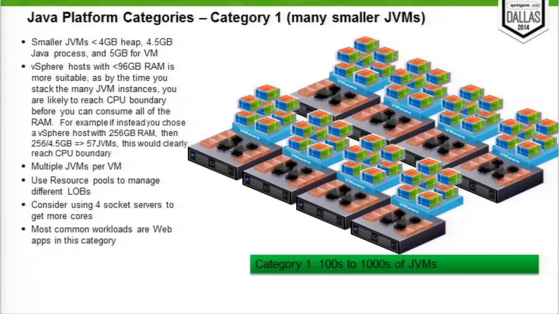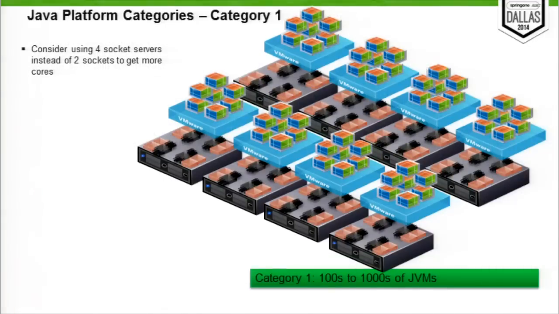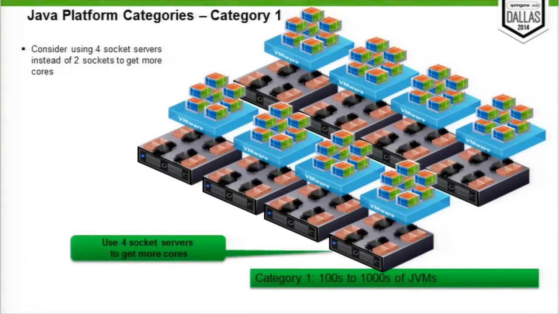So then what do you do? Well, either you buy 4-socket servers, get more cores and less memory, and balance that out that way, or consider consolidating some of the JVMs that are fragmented. They're just HA pairs of the same thing. Get rid of them, consolidate them, and move up in terms of heap space. So you can turn the dial 2 ways.